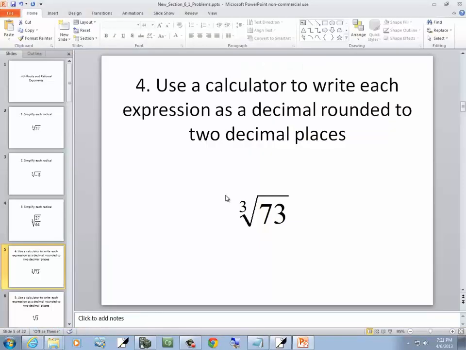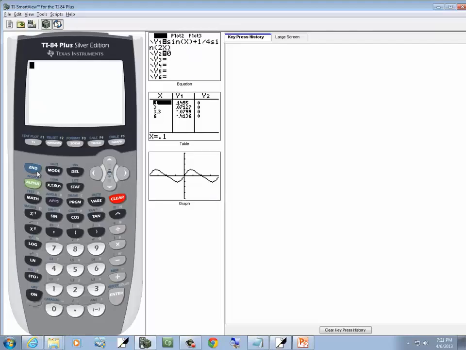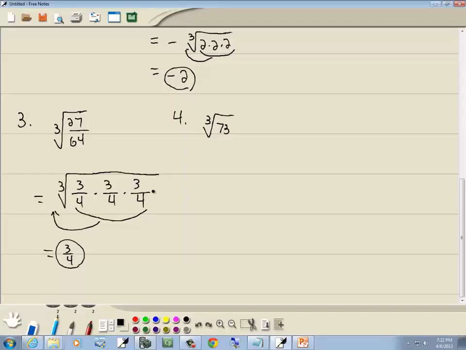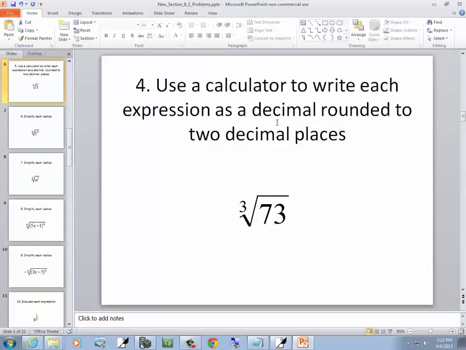So to do that on our calculator, we're going to press our math button. And we want to choose the cube root, the number 4. So you can down arrow to it, highlight it, and press enter. Or you can just press the number 4 and it'll down arrow and enter for you. And then I'll put in 73 and then enter. And so this is going to equal, to 2 decimal places, 4.18. And that's our answer. Next one is a calculator-based one also.